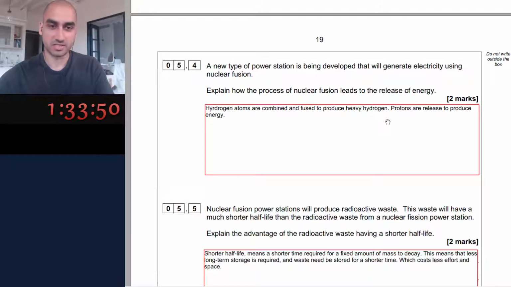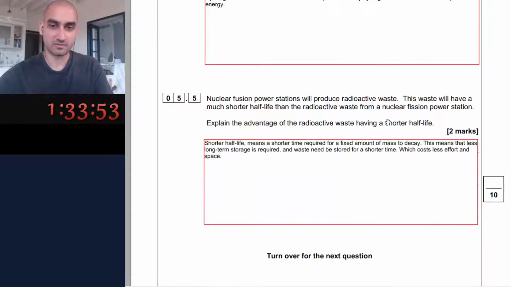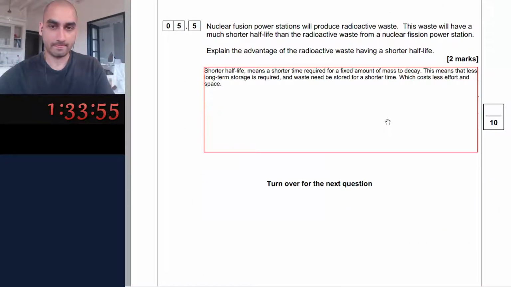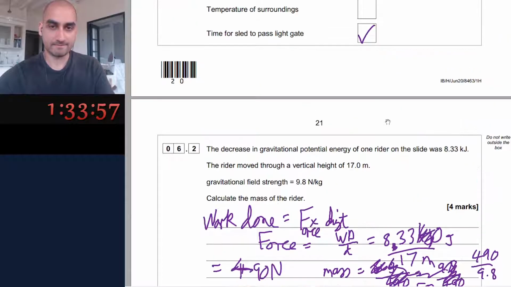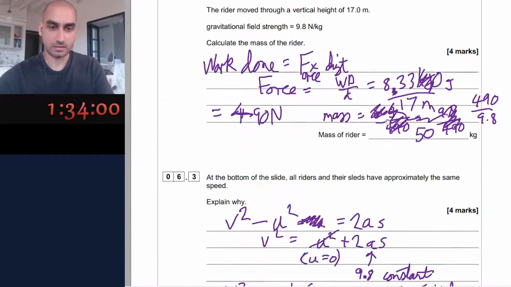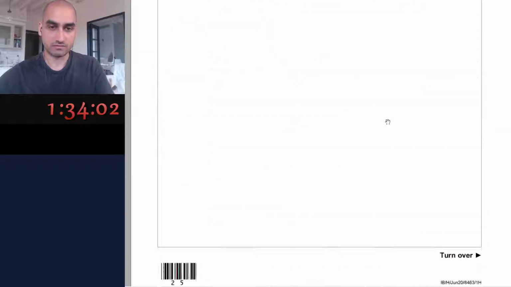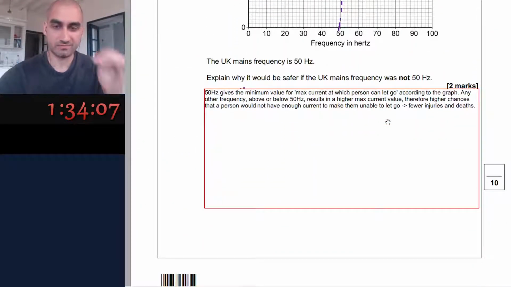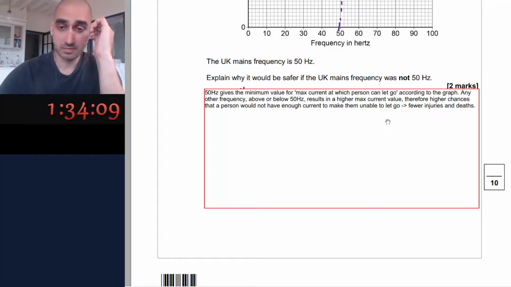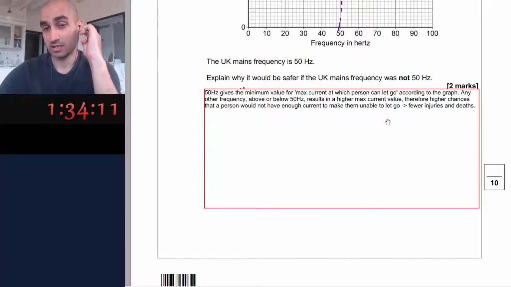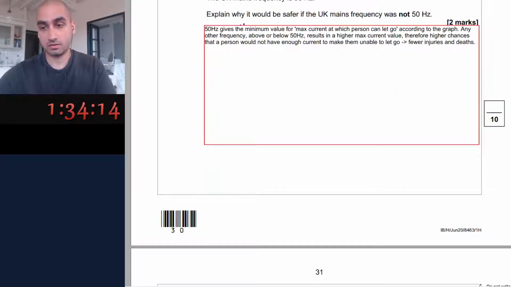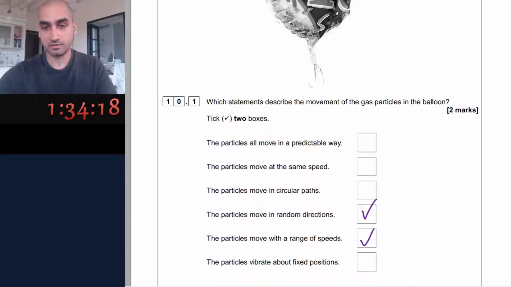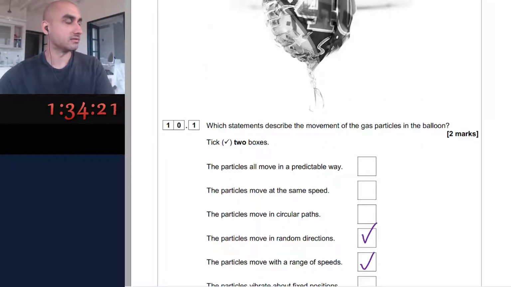That looks like nonsense, what I just said there about hydrogen atoms. I don't know. I might get some marks. This is all good stuff. I think I'll get good marks. I'll just lose maybe 6 to 8 marks on those ones I just don't understand, like nuclear power. We didn't study that in school. Pretty sure we didn't.